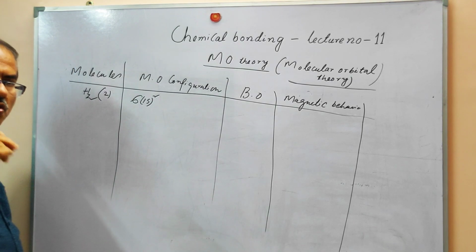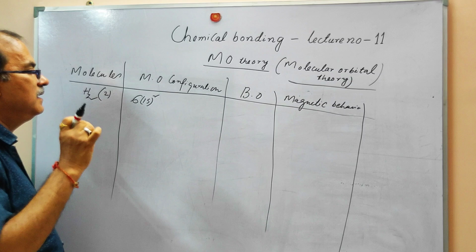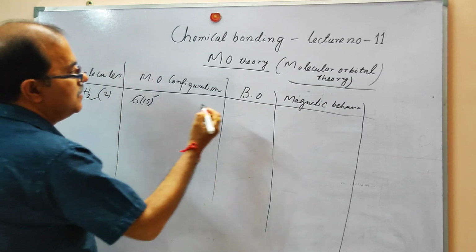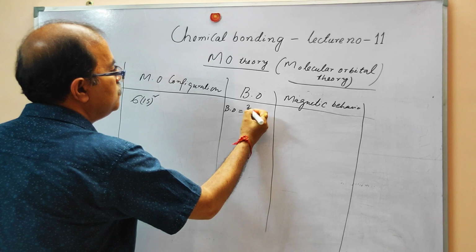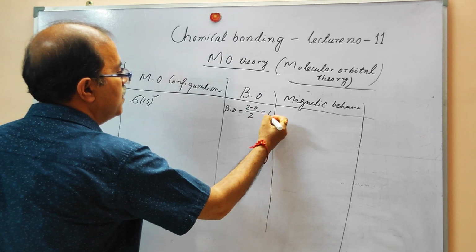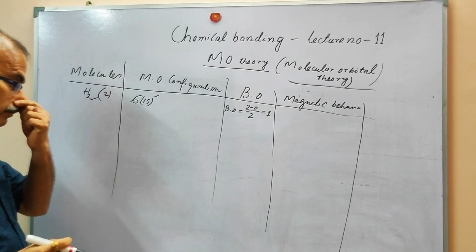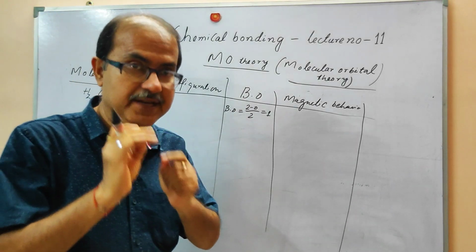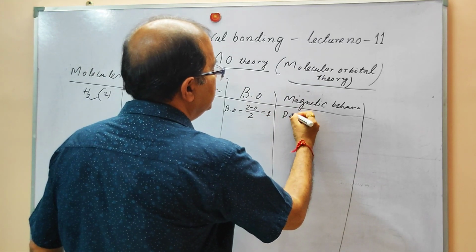Both electrons occupy the bonding sigma 1s molecular orbital. So the bond order will be (2 minus 0) by 2, that is 1, and it is doubly occupied. The electrons are paired here, so it will be diamagnetic.